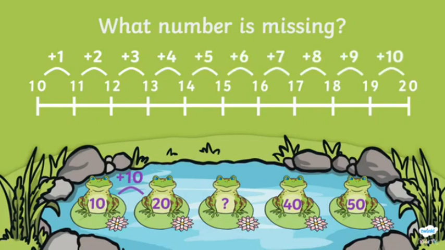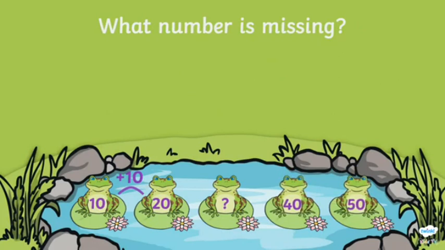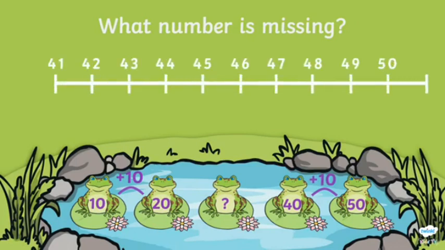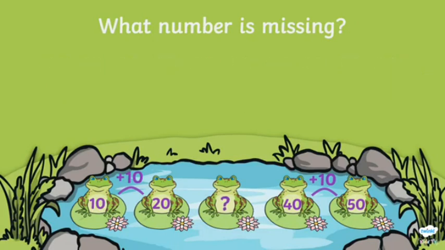To confirm this, let's look at 40 and 50. These are another set of numbers that we know and that we can work out the difference between. The difference between these two numbers is also 10. 50 is 10 more than 40. With this information, we can now look at figuring out what number lies behind the question mark.